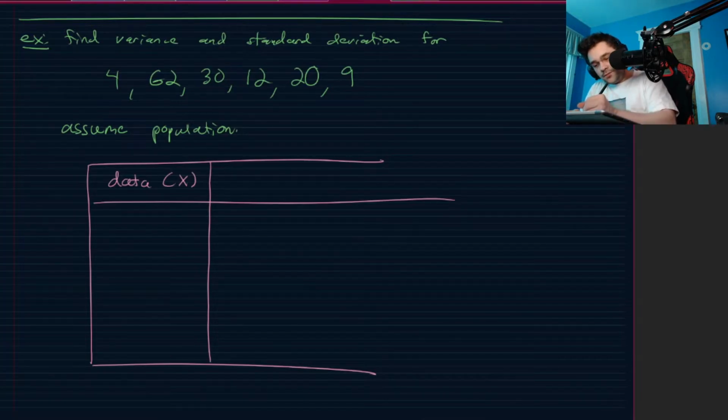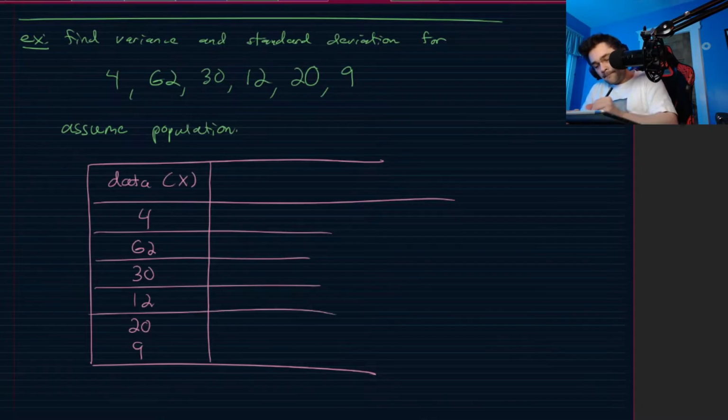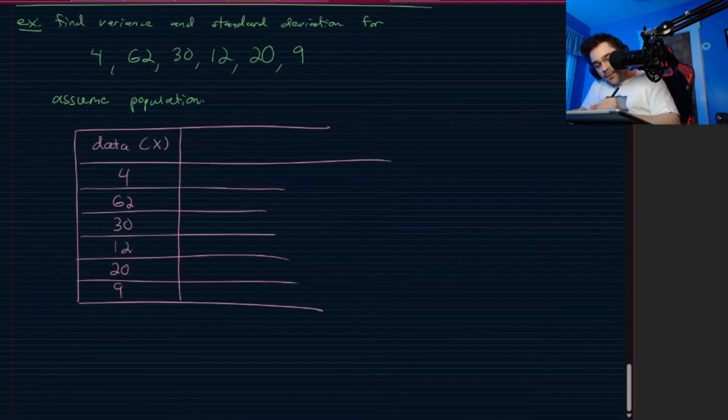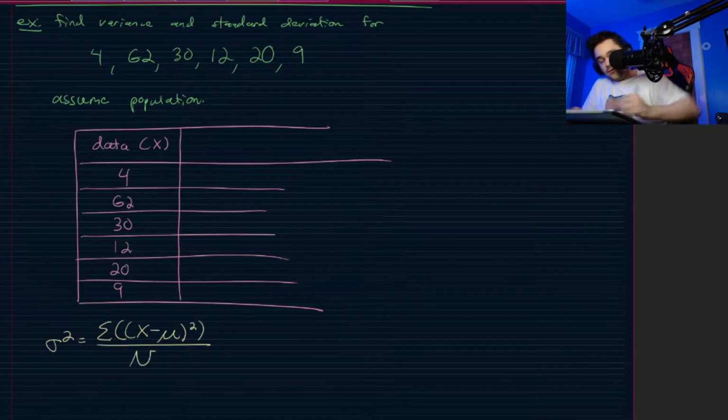Well, okay, let me just put the data out first. 4, 62, 30, 12, 20, 9. Okay, so let's look at the formulas. Remember, sigma squared is the sum of all the data values minus mu squared over n.